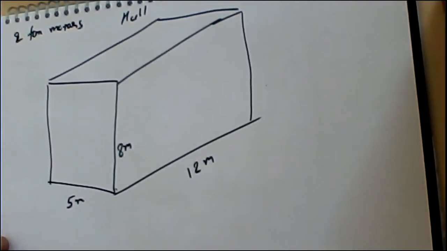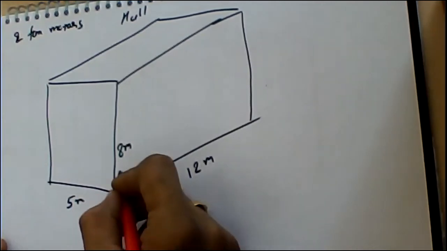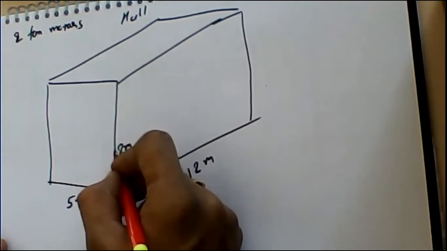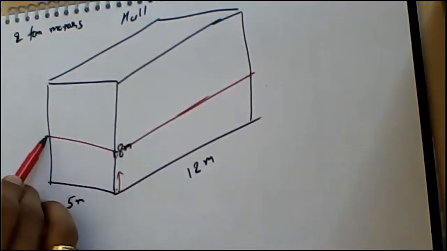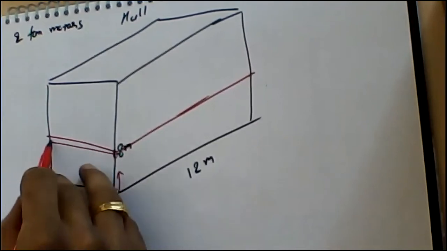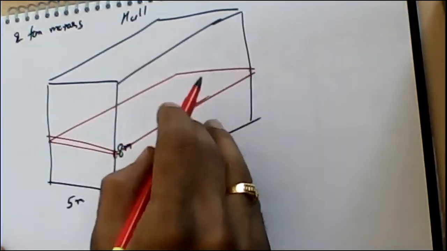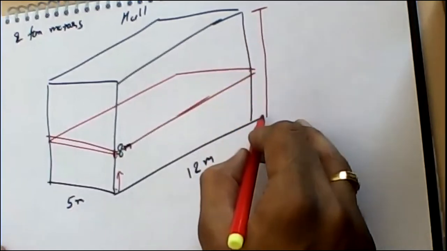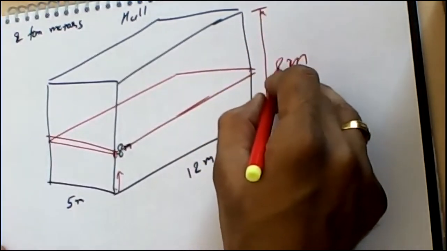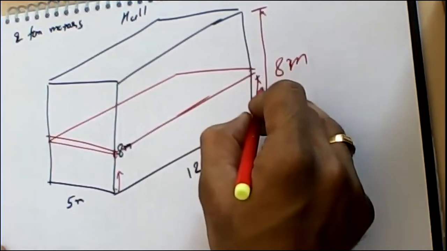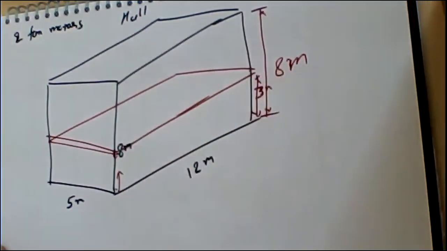Where are the fans situated? They are saying that the fans are at 3-meter height from the floor. So from the floor at 3 meters of height, we are going to have the positions of the fans, as the total height of the hall is 8 meters.